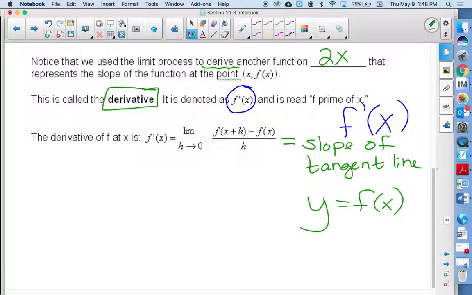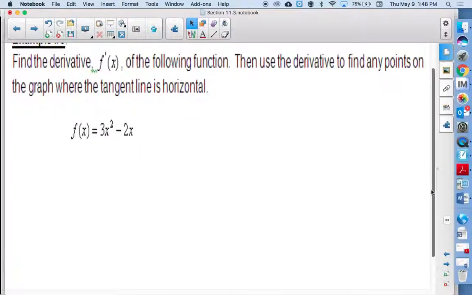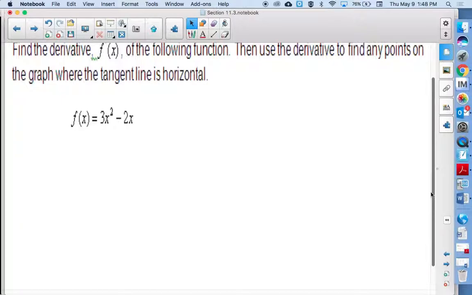So the problem at the bottom is a big one, but it connects some things that we've been talking about all year, which is why it's the last thing that we're learning this year. It wants us to find the derivative, f prime of x, of the given function. We're going to stop there and then we'll answer the rest of it. But let's just work on this derivative process. So if we want to find the derivative, Chelsea, what are you really doing to find the derivative? Finding the slope of it.